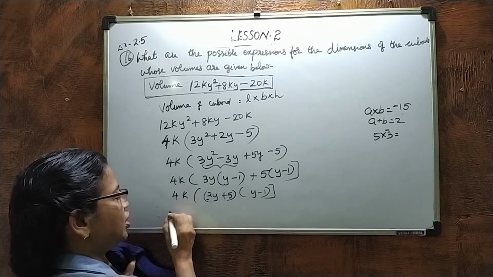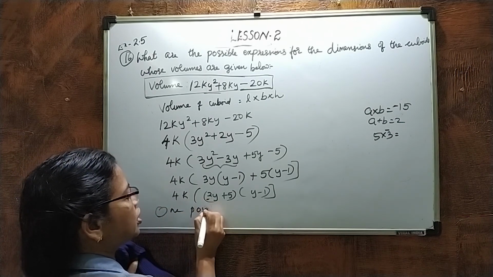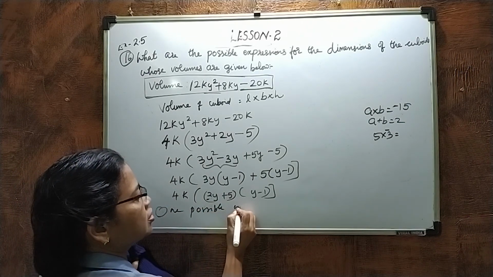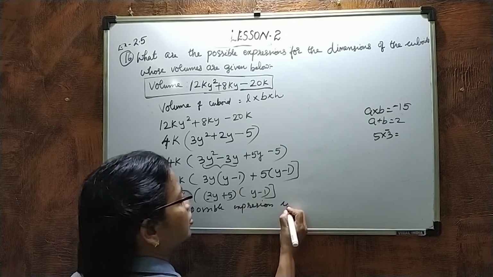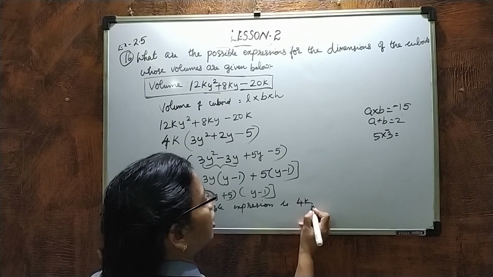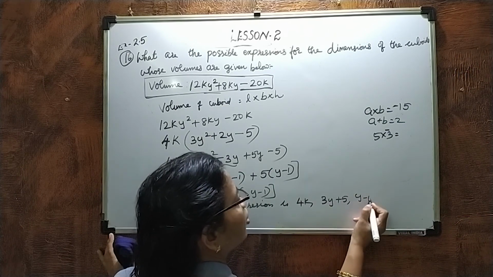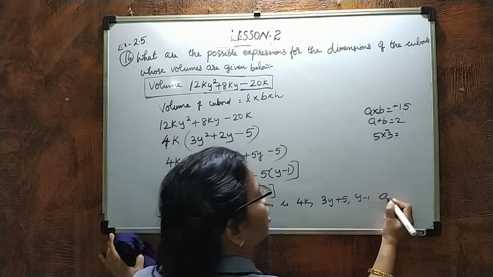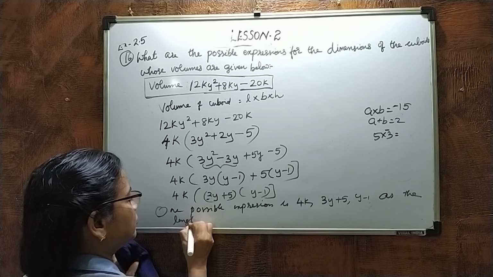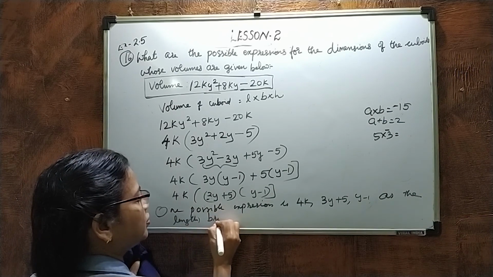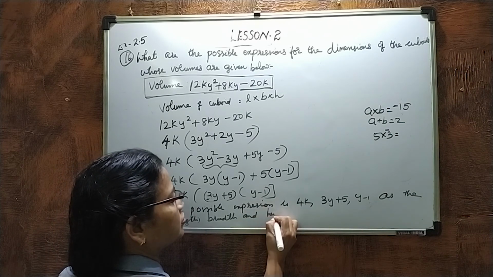So one possible expression is 4k, 3y plus 5 and y minus 1 as the length, breadth and height.